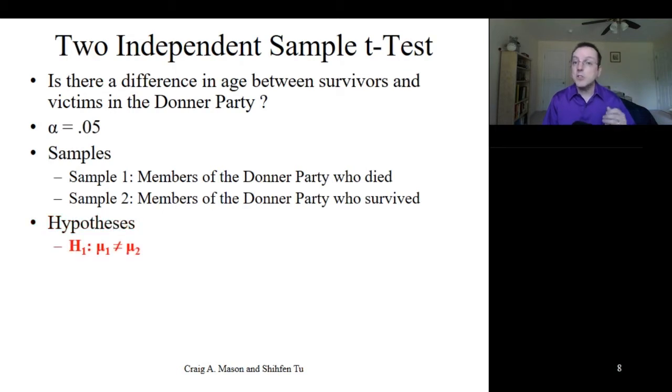In this case, our alternative hypothesis would be that the means for the two populations are not equal. Notice in our question we're asking about whether there's a difference, not whether one group is greater than or less than the other.